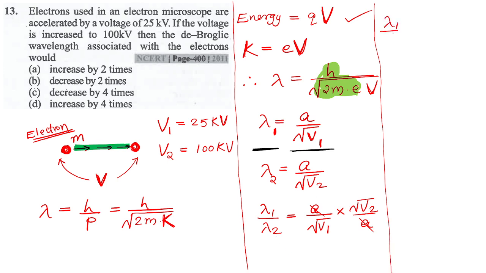So lambda 1 by lambda 2 equals root of V2 by V1.